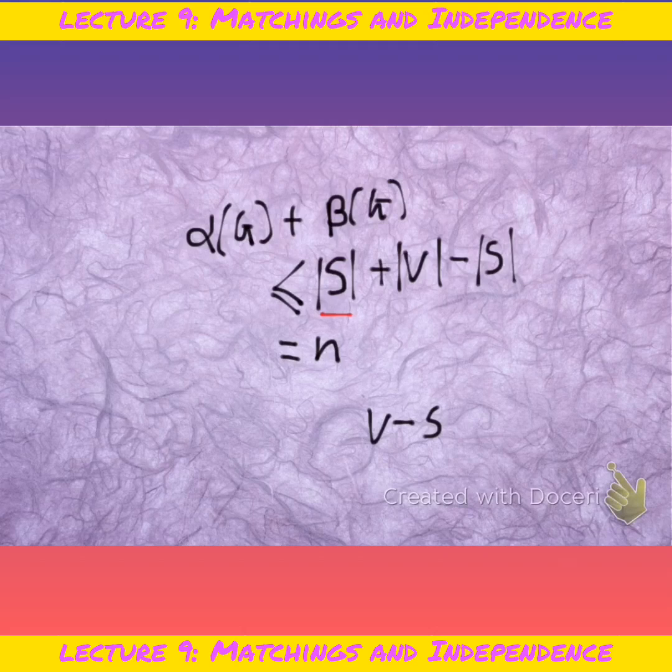So therefore, alpha plus beta of G is going to be at most the cardinality of S plus the cardinality of V minus S, and that adds up to n.